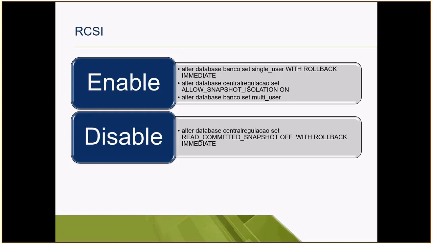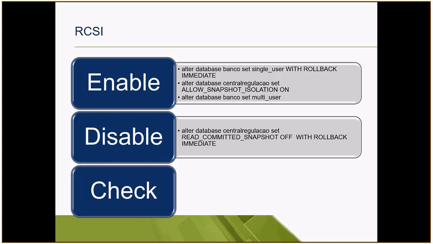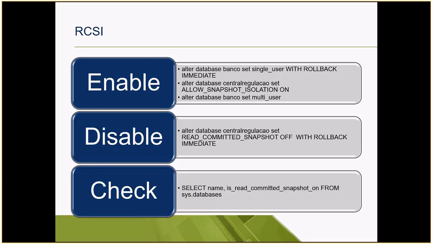Sorry, this first one to enable is wrong. We need to enable read committed snapshot and disable read committed snapshot. And we need to set the database to single user to do this. We can check if it's enabled or not with a select query on the sys database.